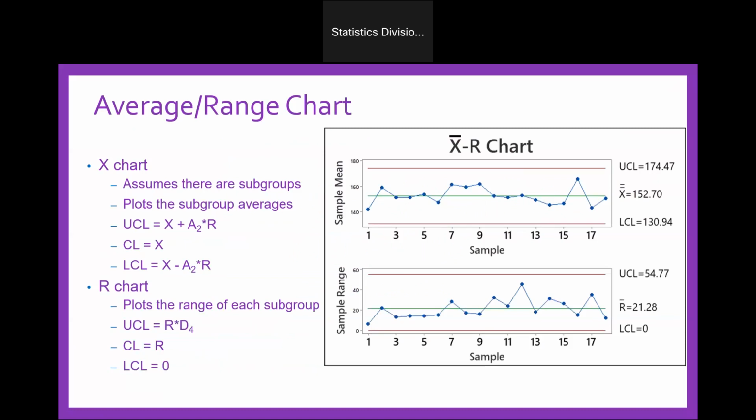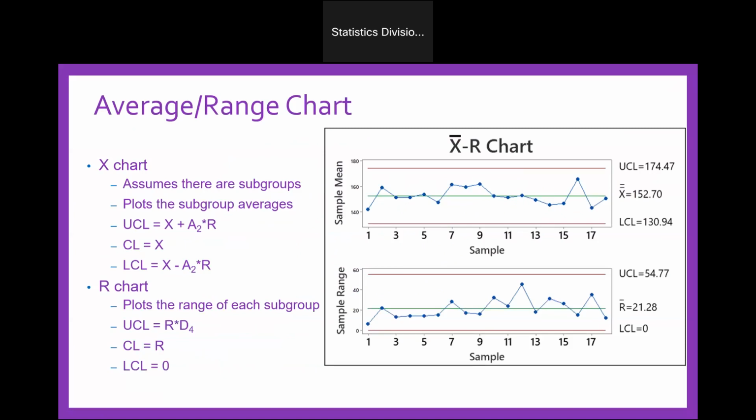So one of the earliest charts and one of the still most commonly used charts is an X bar R chart, which we call an average range chart. The center line is at the overall average of all the data. The upper and lower control limits have formulas here.